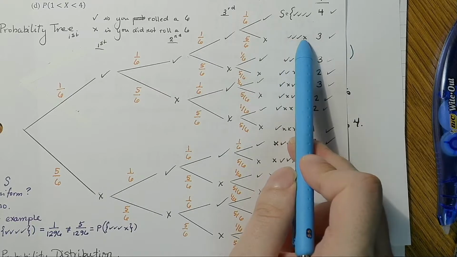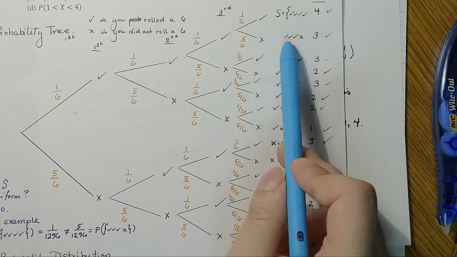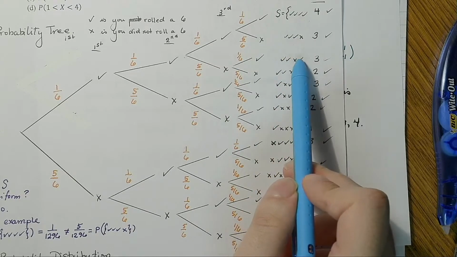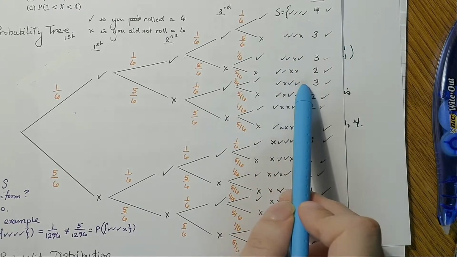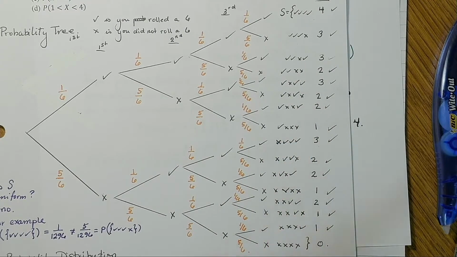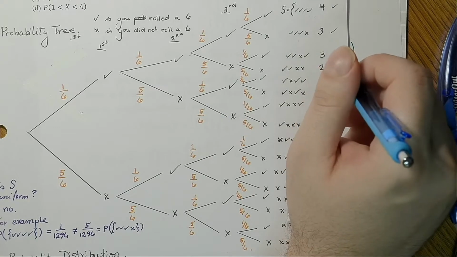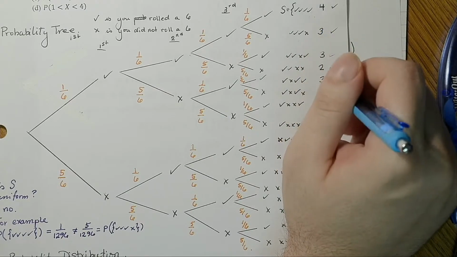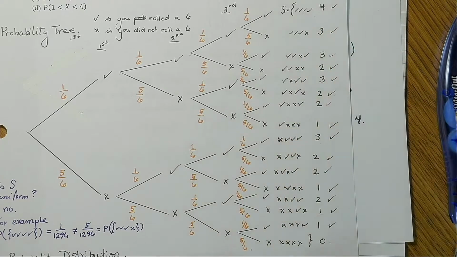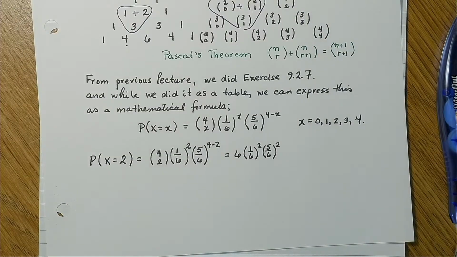There's 3 successes, 1, 2, 3, but I don't care in which order they've shown up. So there's 1, 2, 3 here, there's 1, 2, 3 here, 1, 2, 3, and that's it. So I don't really care about the order. I only care about all the possible ways that can happen, and I want to know what their probability is. So I don't have to worry about that.